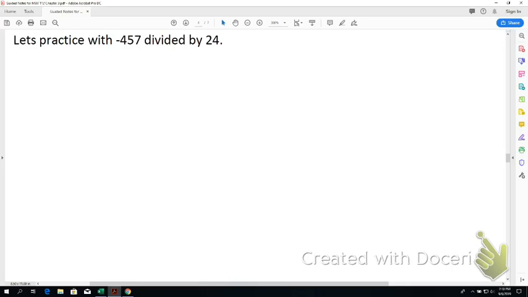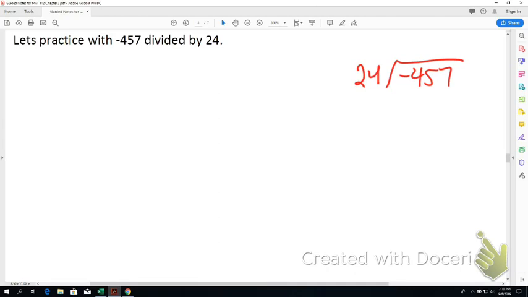All right, so let's do this, negative 457 divided by 24, using this long division with a calculator. So remember, off to the side here, we're going to write 24 divided into negative 457.